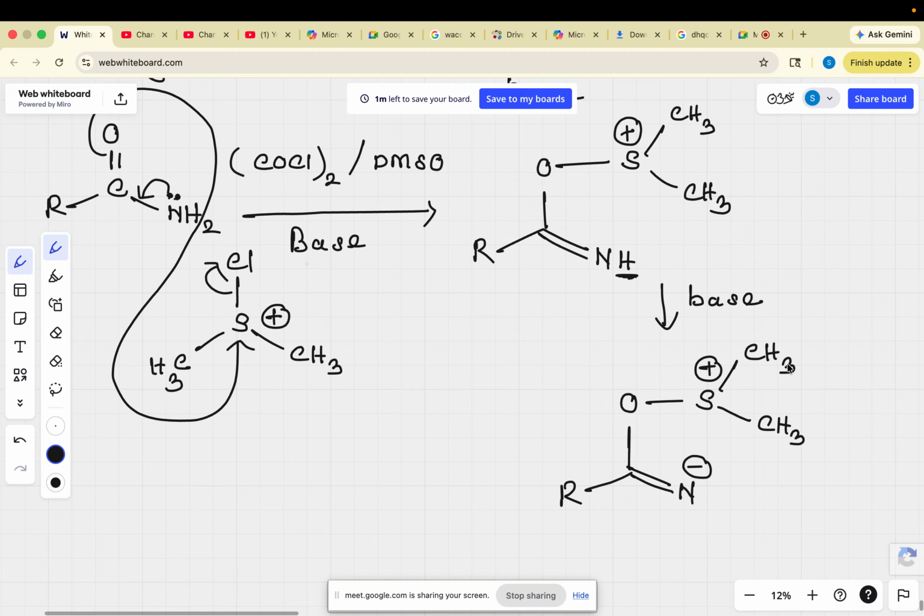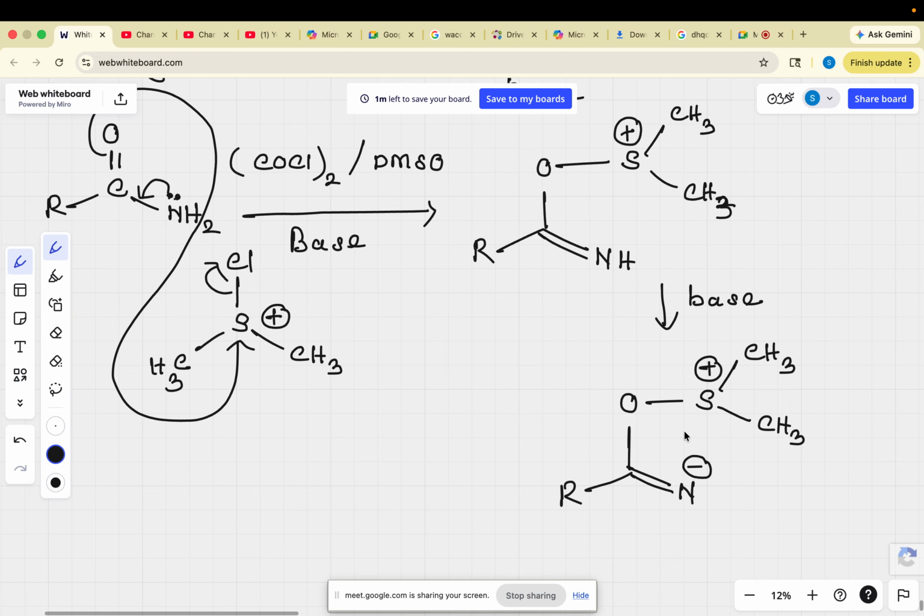These protons are also acidic. You can show it like this, CH2 minus. But in the very next step, CH2 minus will abstract the proton from here because it is sp2 hybridized, so you can show anything, both are correct. So basically the proton will be abstracted from the nitrogen center.